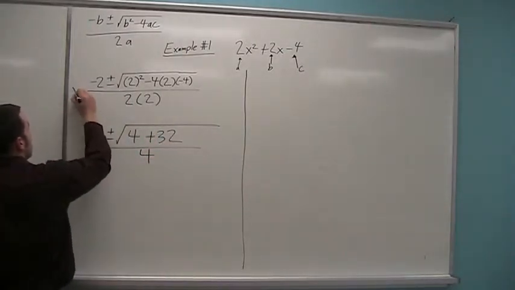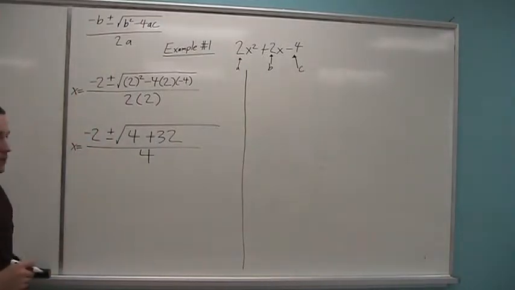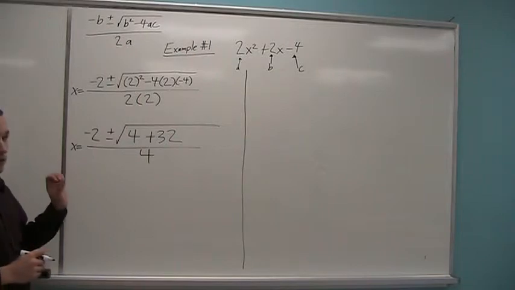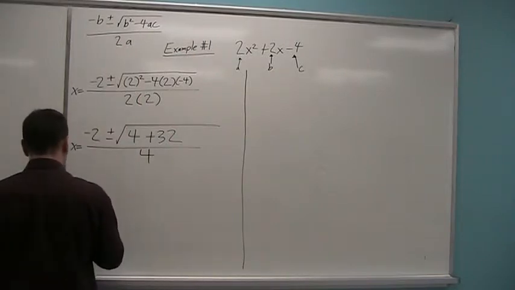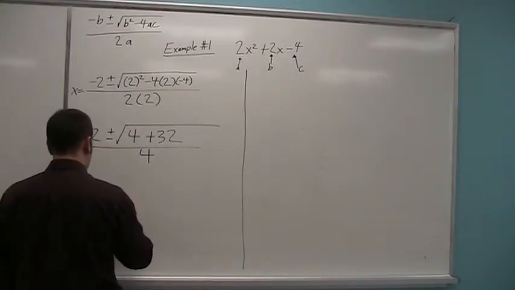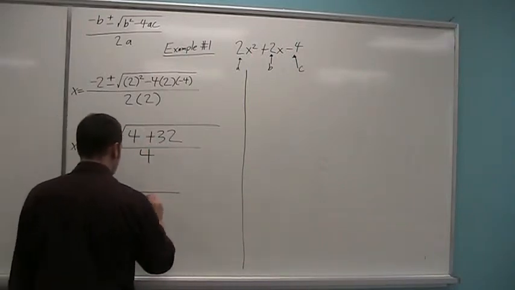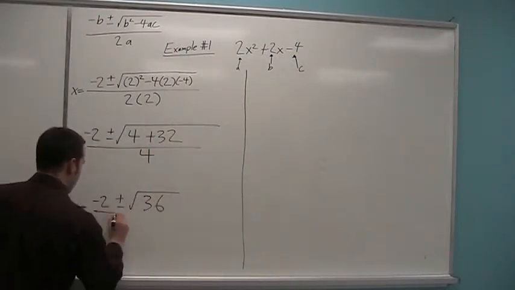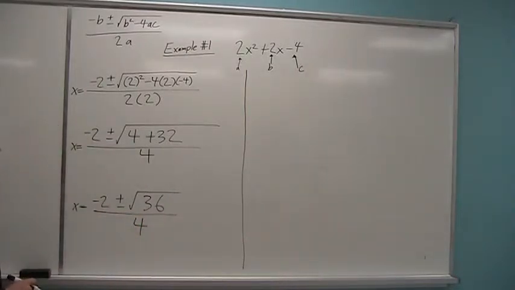And this is x equals in both cases. We're figuring out the two x values to get our roots of the equation. Next, x equals -2 plus or minus the square root of 4 plus 32 is 36, all divided by 4.